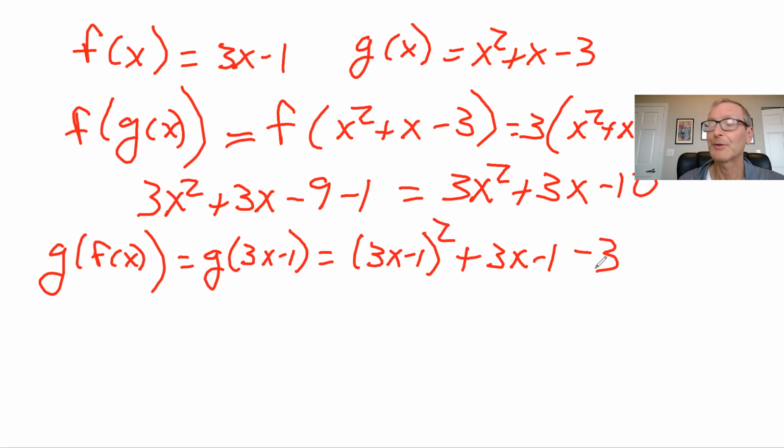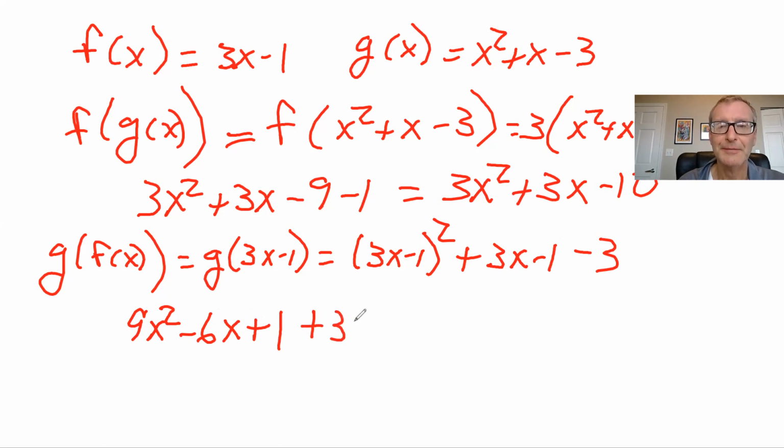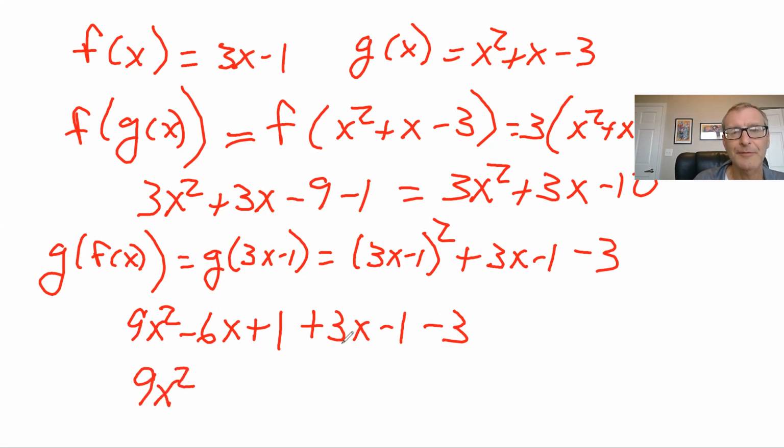Now we have to do a little bit of algebra, so you want to expand that. If you do that, that would be 9x squared minus 6x plus 1, and then we have plus 3x minus 1 minus 3. Again, let's combine like terms. We have one square term. We have a minus 6 and a plus 3 for the linear term.